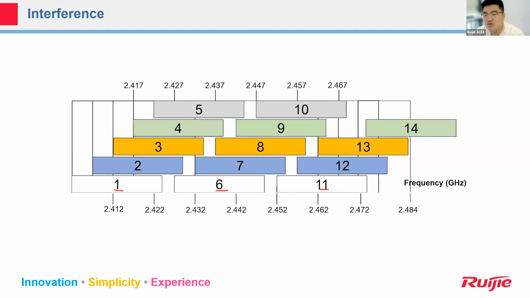To reduce the effect of interference, we can adjust the channel of our own APs. For example, we can use channel 11. And then you can manually change the channels by some commands on the AC. This is how to manually adjust the channels.